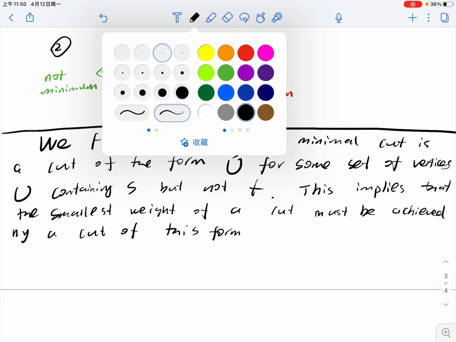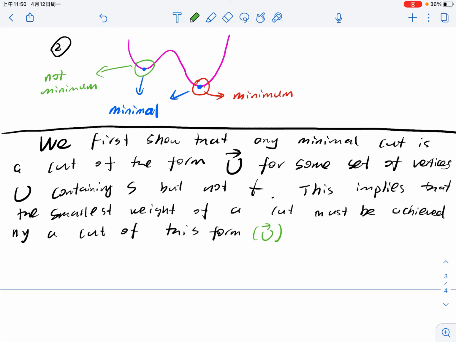This form means the leaving set U, right arrow.